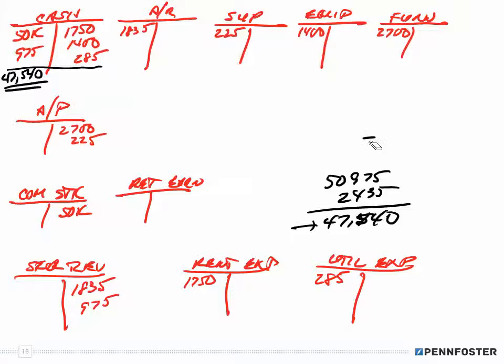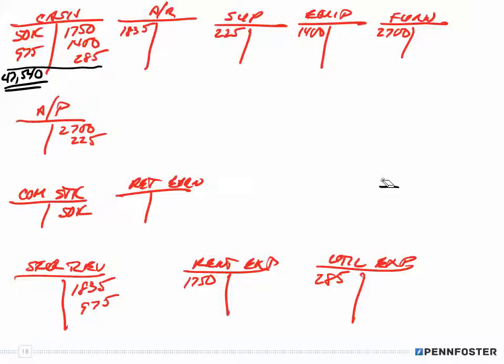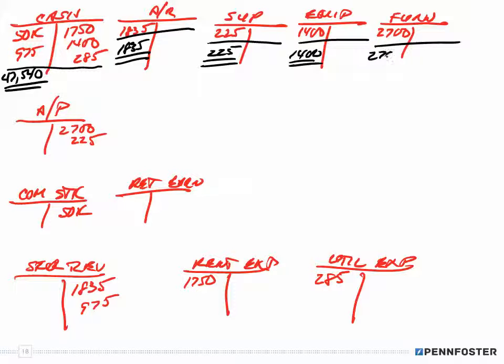And that's all we're going to do with the rest of these accounts. For accounts receivable, I only have one debit on the debit side, so that's obviously 1835. Same with supplies, I have a debit of 225. Equipment is 1400, so that's the balance in that account. Furniture, 2700, that's the balance in that account.